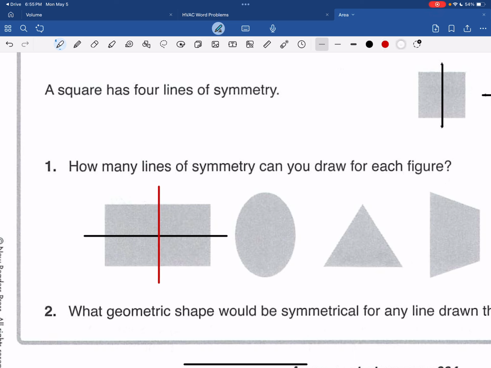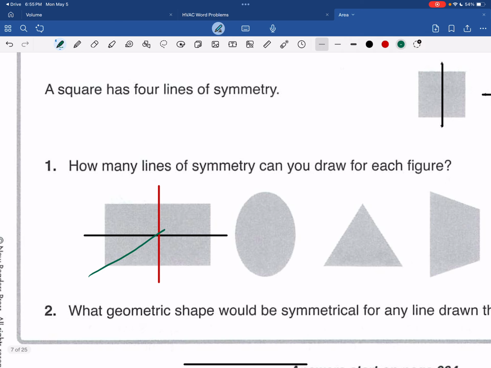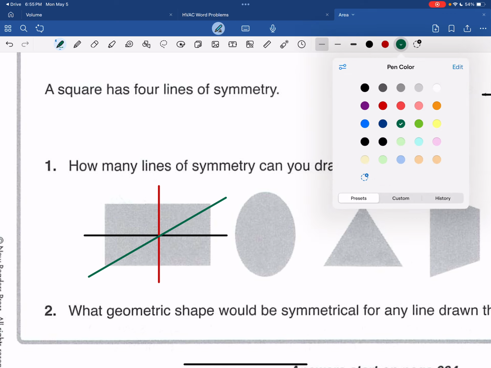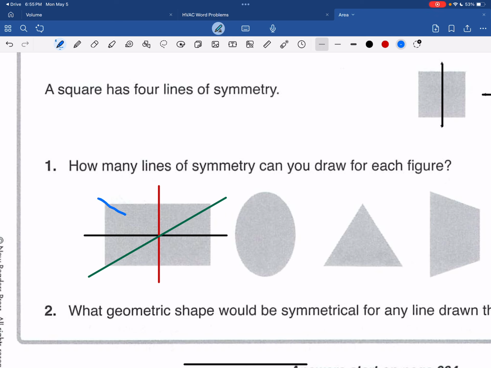We can do a diagonal with a positive slope. And we can do a diagonal with a negative slope. So a rectangle has 4 lines of symmetry. 1, 2, 3, 4 for the rectangle.